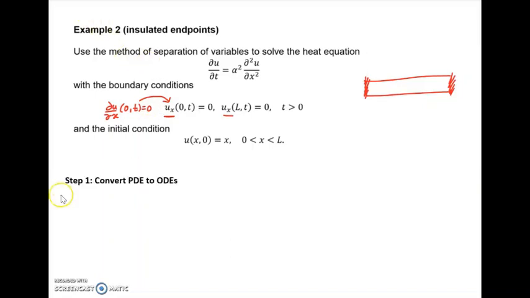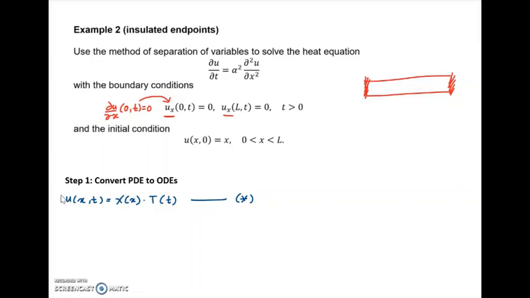First of all, we assume our solution to be of the form u(x,t) equals X, which is a function of small x, times T, which is a function of time t. I'm going to mark this as the star. So this is our assumption.